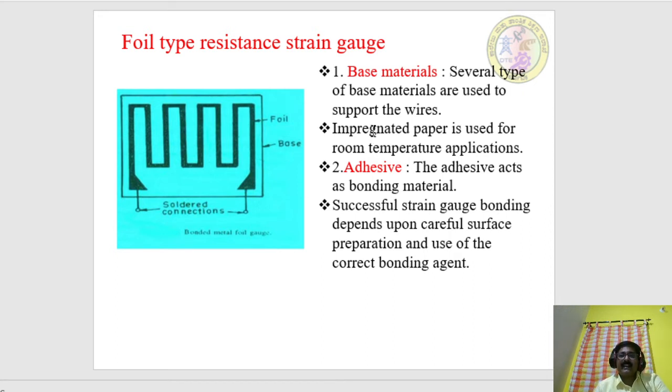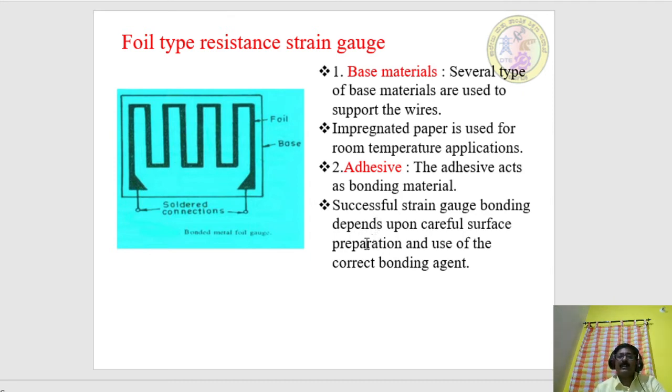Generally an impregnated paper is used for room temperature application. The adhesive acts as a bonding material, and it is the factor for successful strain gauge bonding, the element which bonds the base material properly.